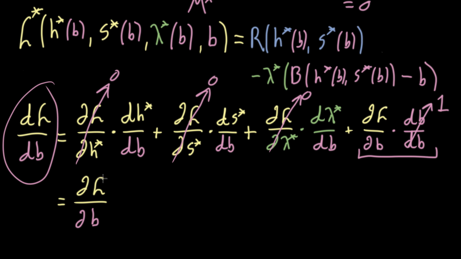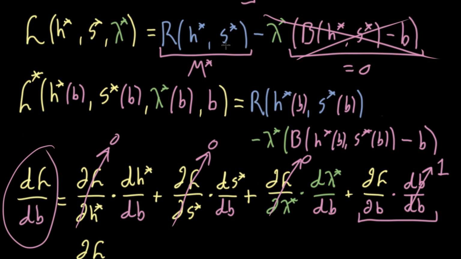This is the function where you can freely change the values of h and s and lambda and b as you put them in. So if we scroll up to look at its definition, let me actually rewrite it, I think that'll be useful.